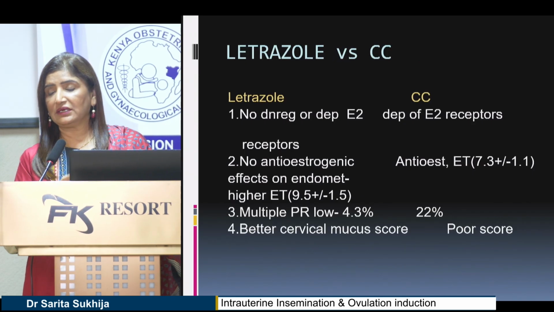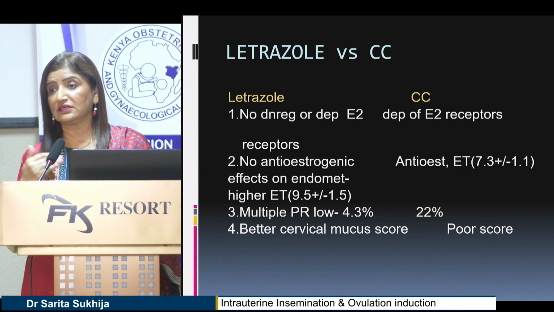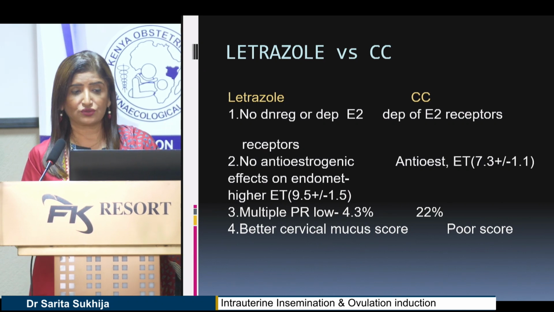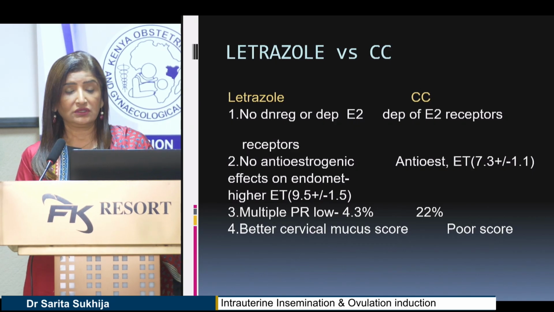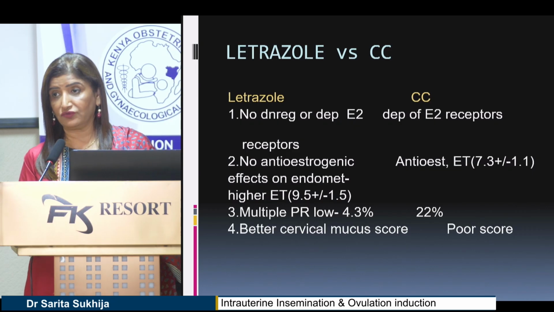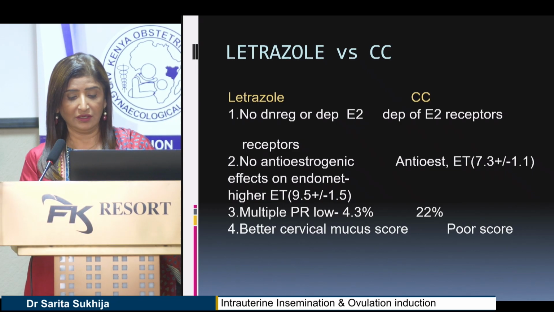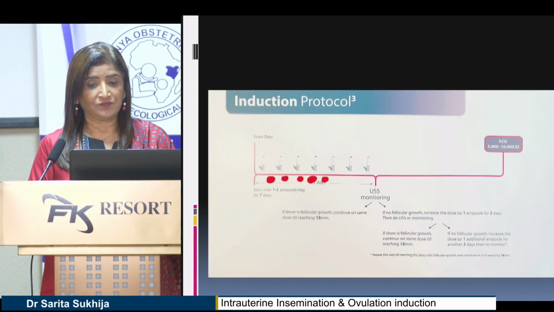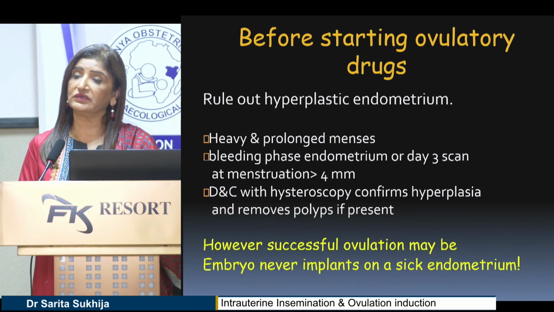If you compare letrozole with Clomid, the advantage with letrozole is that there is no downregulation of the receptors, there is no anti-estrogenic side effect, and because of monofollicular ovulation, the multiple pregnancy rate is low, only 4% as compared to Clomid, which is 22%, and the cervical mucus is better.